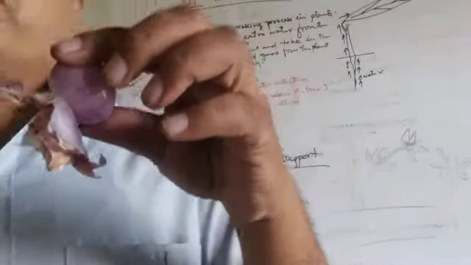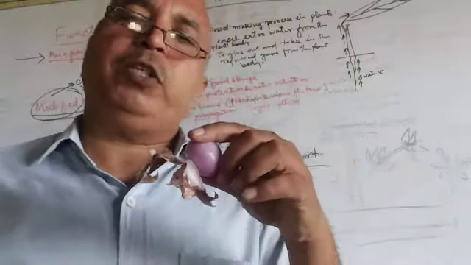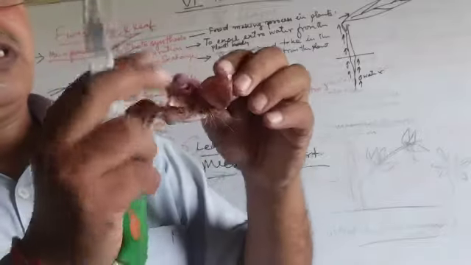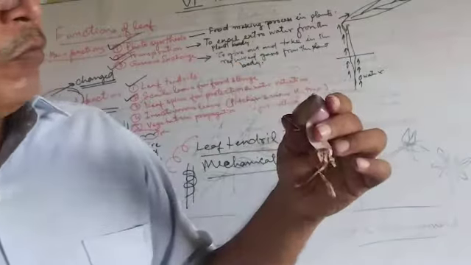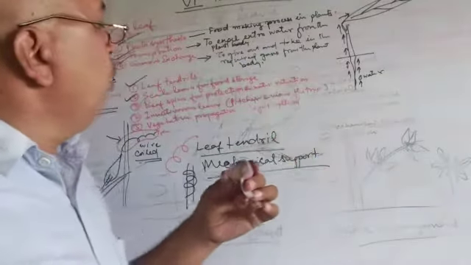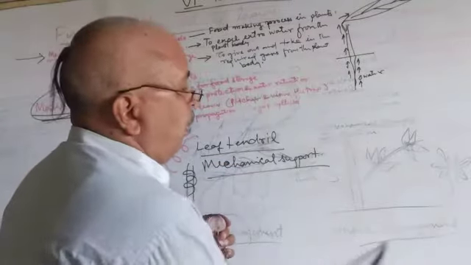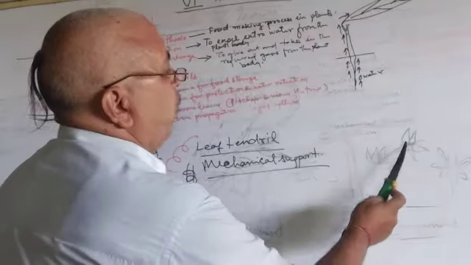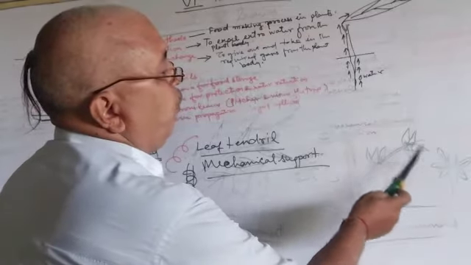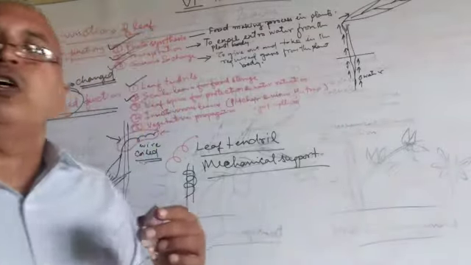I have told you about the leaf structure in my previous videos. So this is the leaf base, and I have told you one of the patterns of arrangement of leaf. If you remember, the leaves develop from all around the stem or branch.